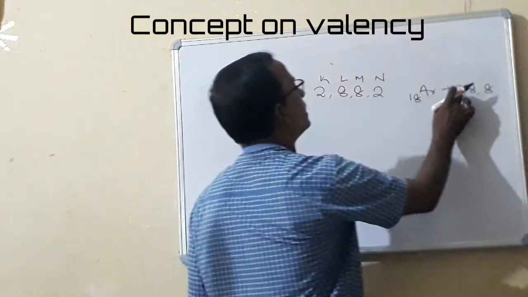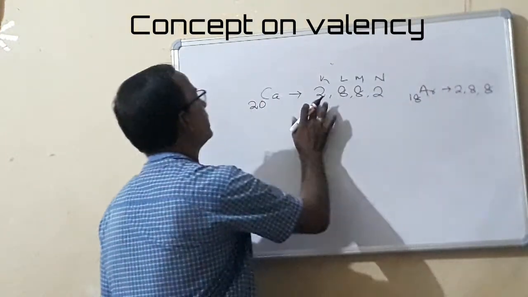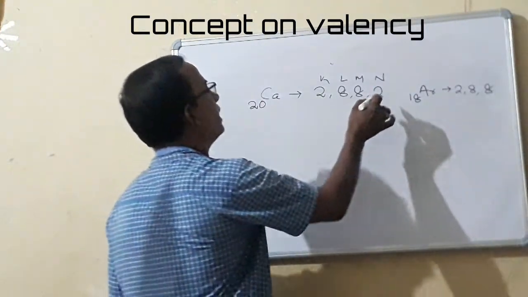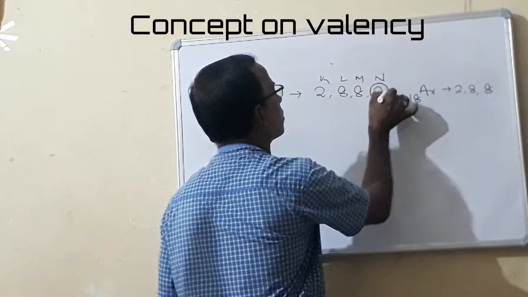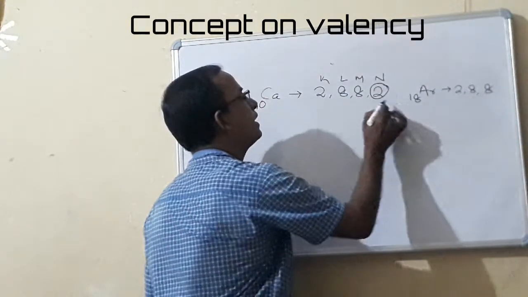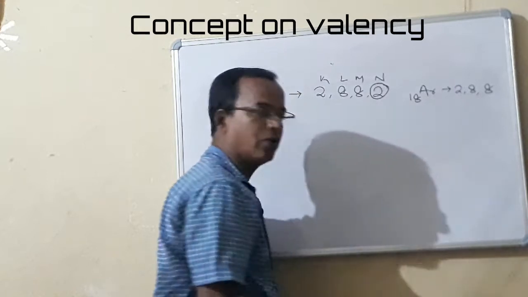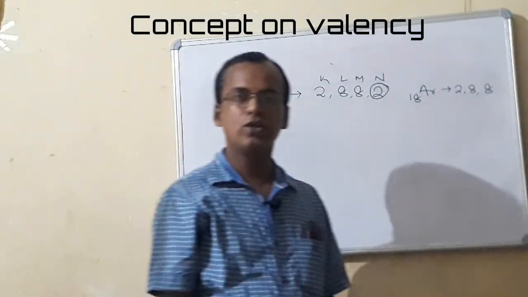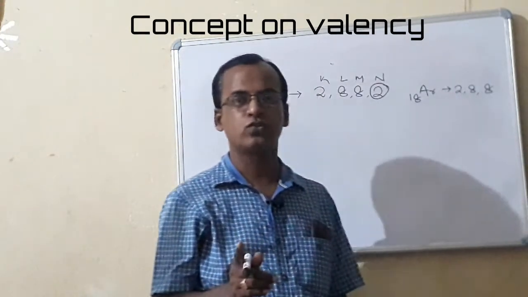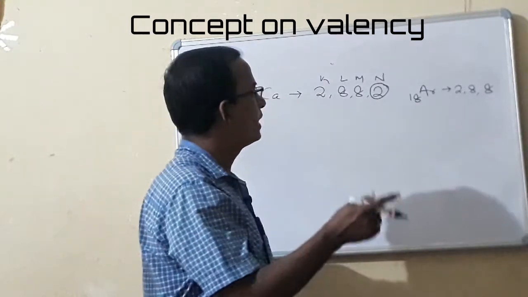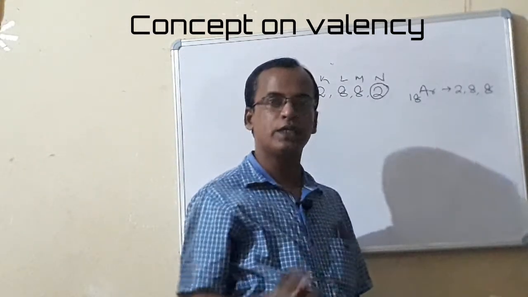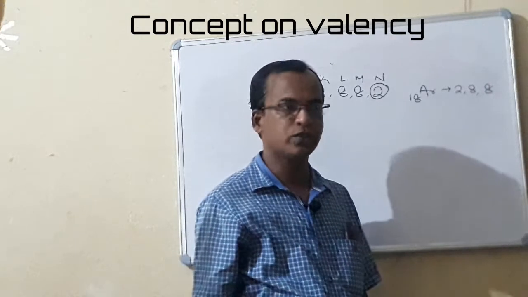So calcium has 2 excess electrons than the nearest noble gas argon, so calcium will donate these 2 electrons to be stable and to attain the nearest noble gas configuration.